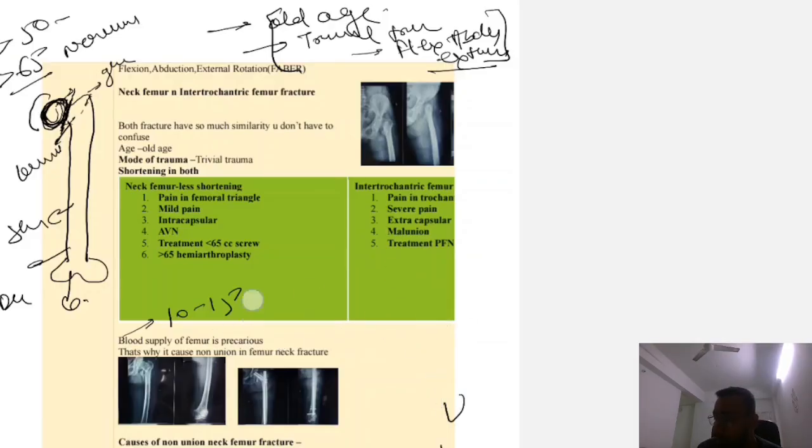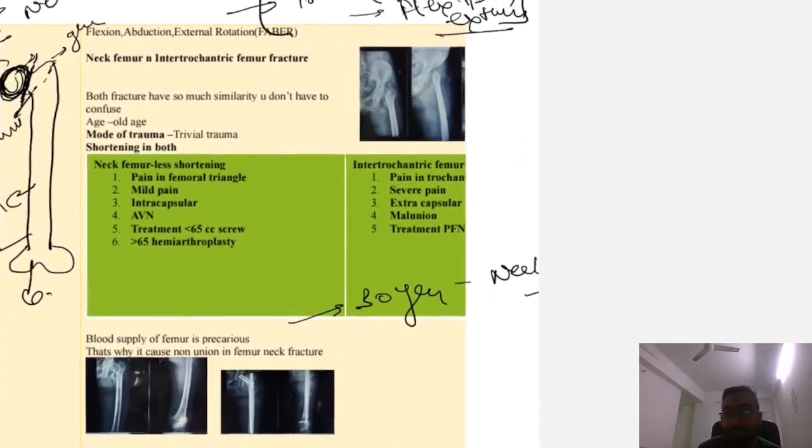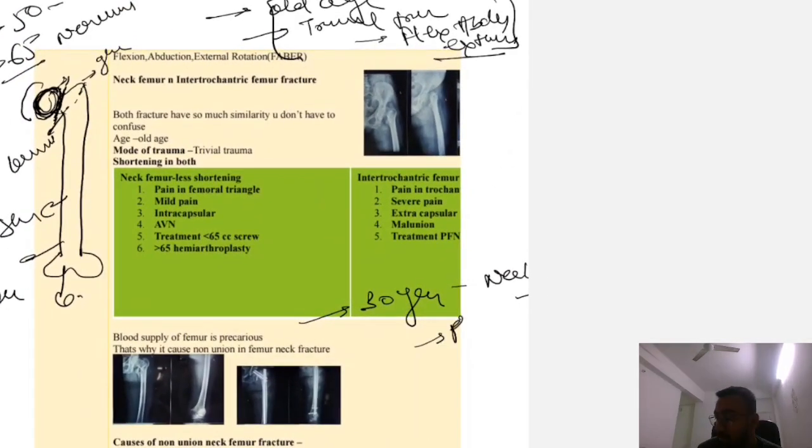Now let's assume a patient came to you at 30 years of age and he has a neck femur fracture. You can't replace his femur head with a prosthesis, because आप उसमें prosthesis डालोगे उस patient में, prosthesis 45 तक survive करेगा. Then you have to replace it again.